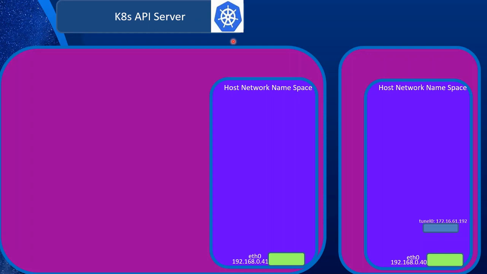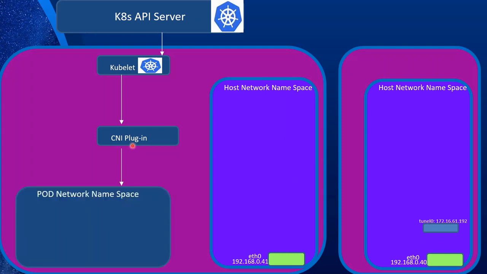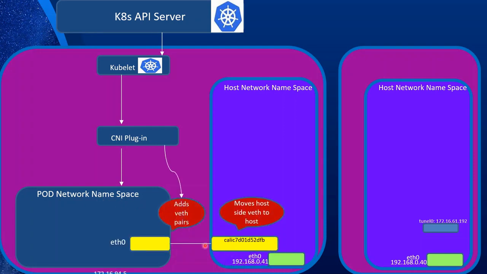Let's say we install a service which deploys a single pod. As we saw earlier, the API server calls into Kubelet. Kubelet calls into the CNI plugin. The plugin creates the pod network namespace, and then it creates the veths, that is, virtual Ethernet on both sides.